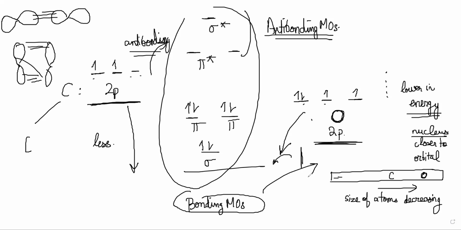Anti-bonding MO does not contribute to bonding. So all the bonding electrons are closer in energy levels to the oxygen atomic orbital. Therefore, they will be towards oxygen more of the time than towards carbon. So that also explains why this is electronegative and this is electropositive, right?